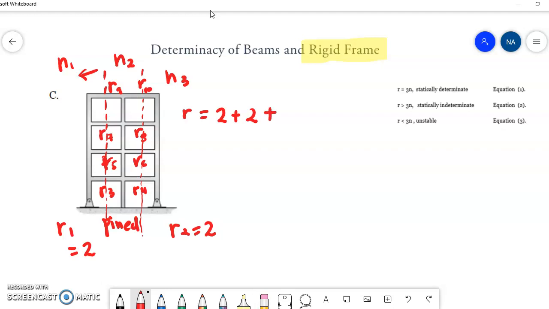The internal ones, 1, 2, 3, 4, 5, 6, 7, 8, so 8 times 3 internal reactions, equal 4 times 4 plus 24. So it will become 28.